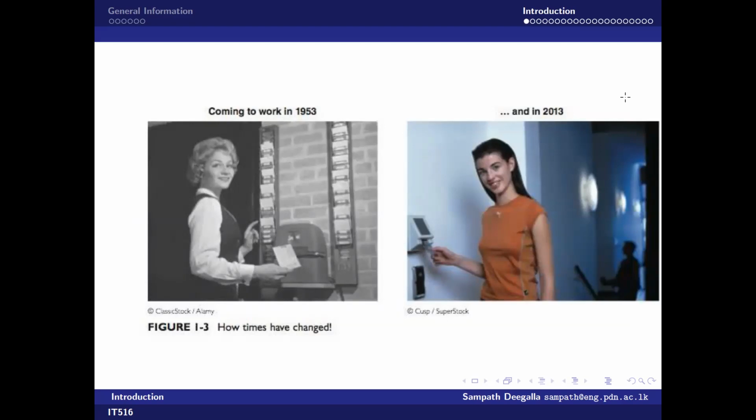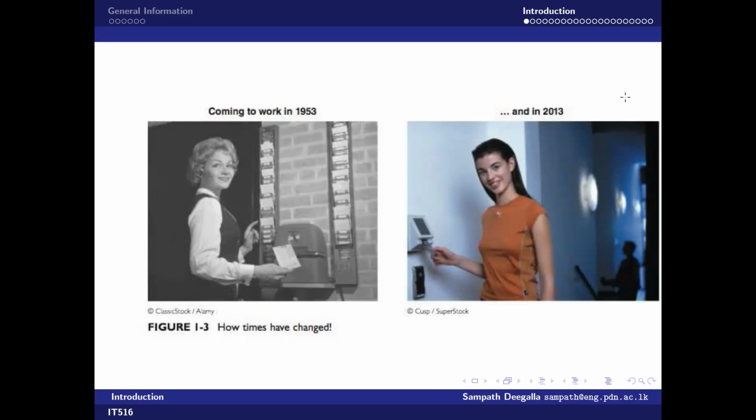Now, this is how people used to come. In the 1950s, we had these punch cards or time sheets where we manually marked attendance. And what you see on the right is around 2013, where we had the ID cards or magnetic cards we used for attendance.